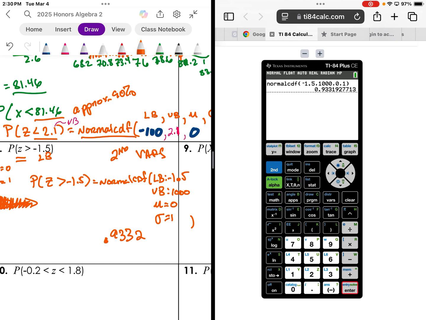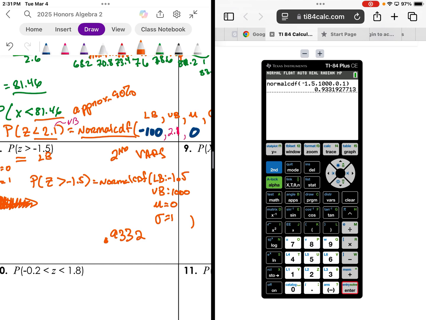So if I draw my picture of the empirical rule, there's the mean, there's the middle, 1, 2, and there's negative 1.5. Now technically from the mean to the right is what percent? 50%. We know this next zone is what percent? 34.